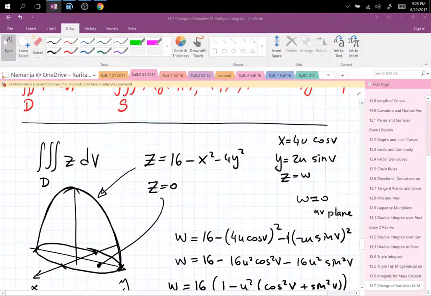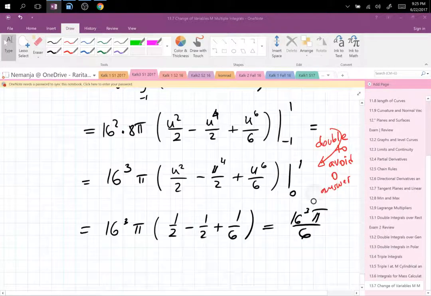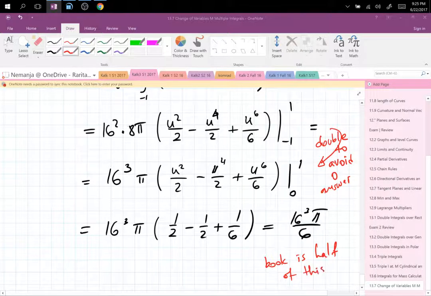So there is somewhere a times 2 mistake. So when you're reviewing, try to find that half and where it is.